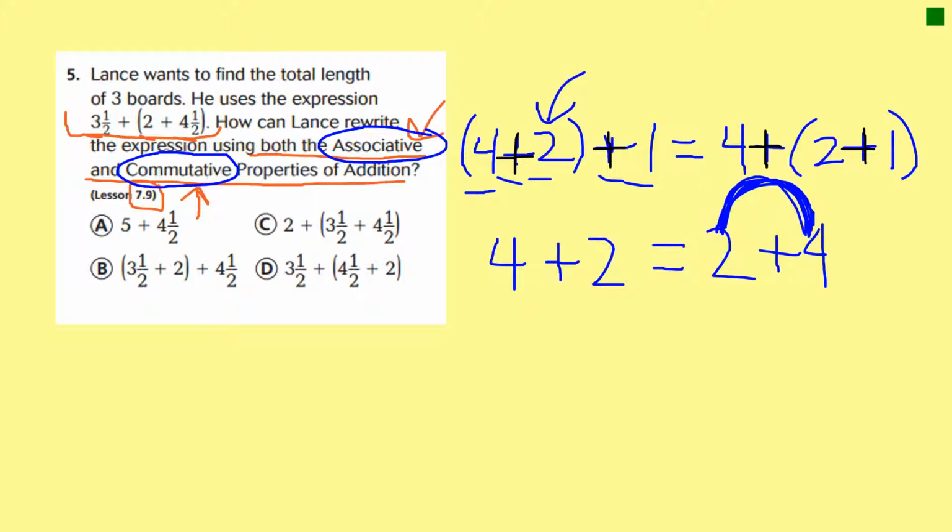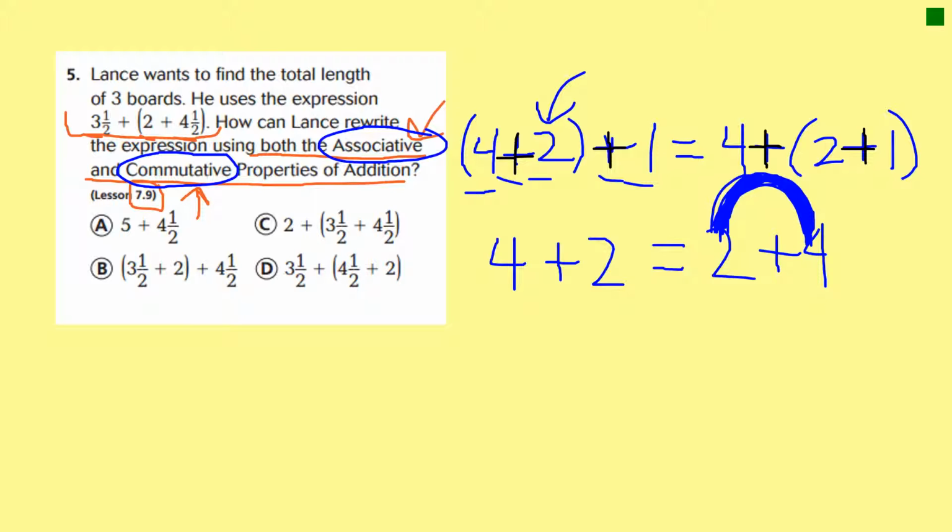I'm turning my head to the right. And when I go, woo, woo, what letter is that? That's the letter C. Commutative, the letter C for commutative, means that I can add 4 plus 2 or 2 plus 4, and the answer is the same. 6 equals 6. All right, so let's look at these choices.